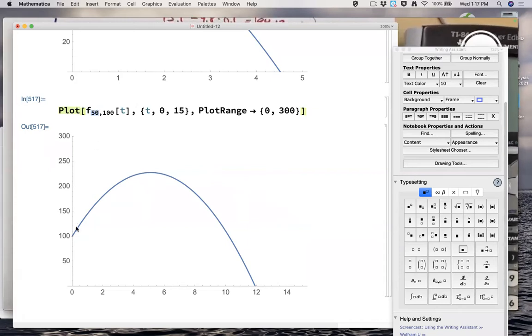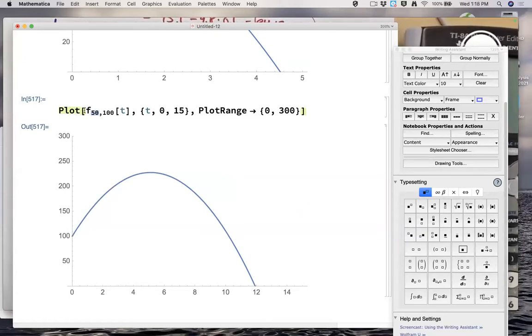Guess what? That's the slope of this graph at t equals 0. The velocity is the slope of the graph. The velocity at t equals 0 is the slope of the tangent line right there at t equals 0. That slope is 50. That rate of change is 50. Can we confirm that? Yeah.